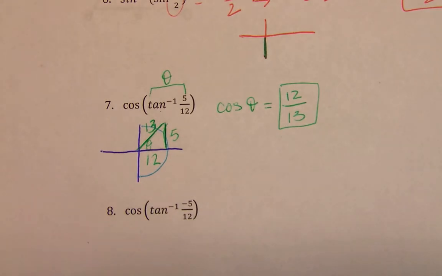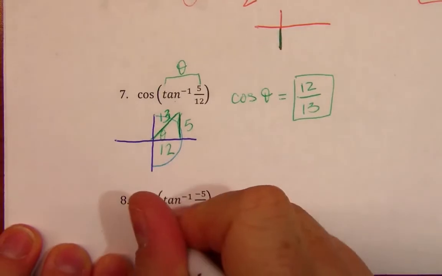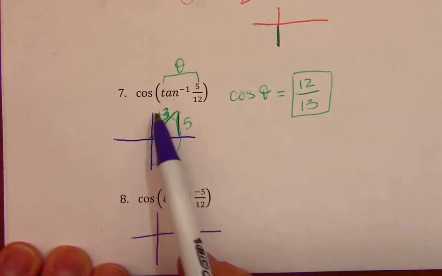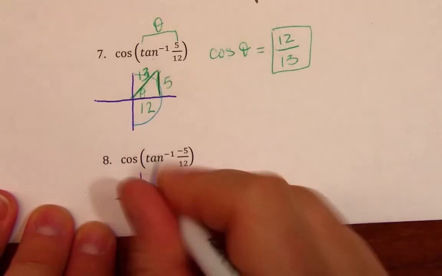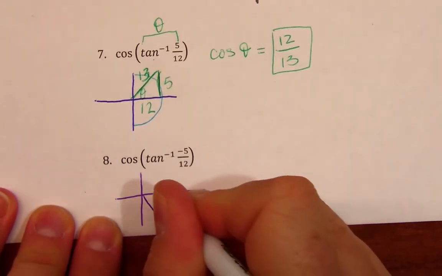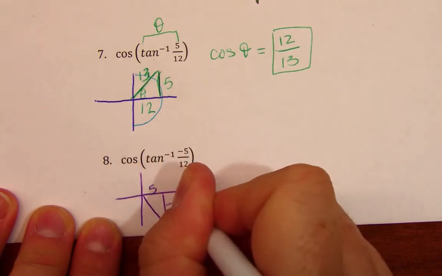Okay. Now we can do the same thing for the next one, but its setup is going to be a little bit different. So we have inverse tangent of -5/12. So now this is a negative value. So again, just like what we did here, it has to be in one of these two quadrants since tangent goes from -π/2 to +π/2. And since it's negative, we know it'll be down here. So we have 5 and -12.